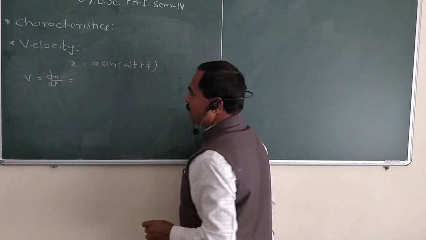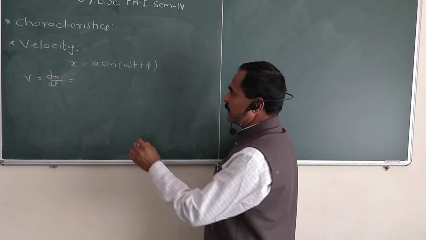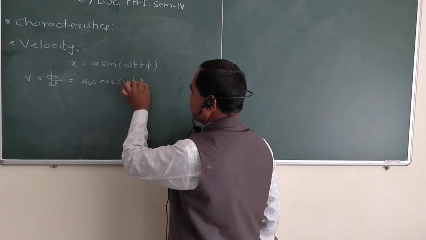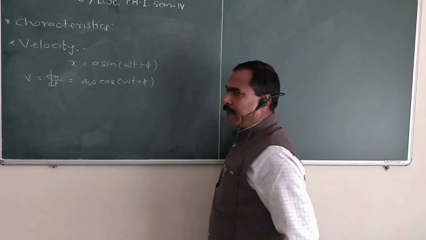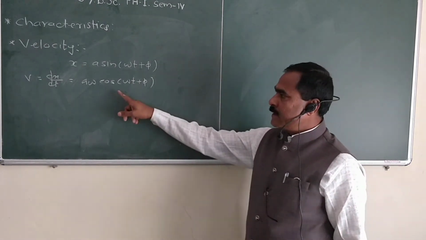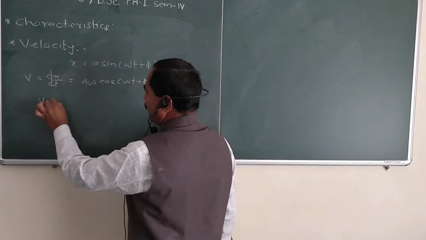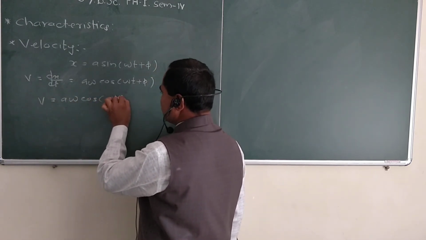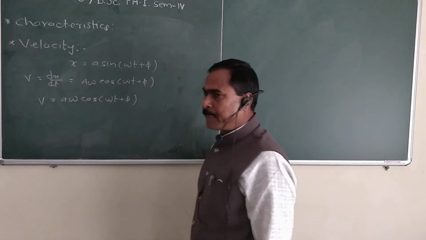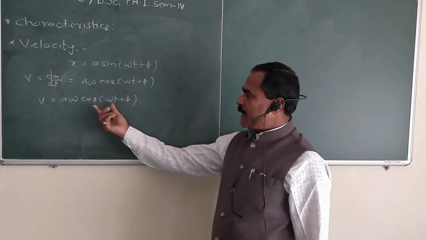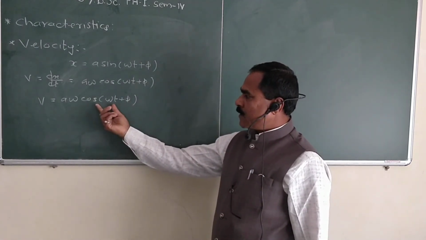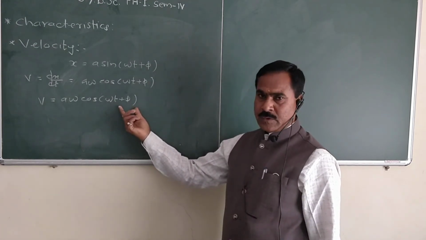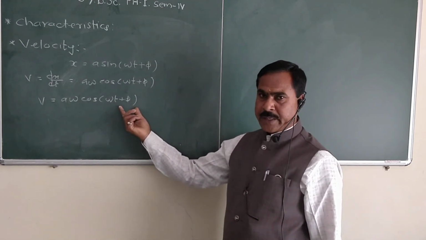When we differentiate this, we get a omega cos of omega t plus phi. Okay, so velocity v equal to a omega cos of omega t plus phi. Now we take cos square of omega t plus phi equal to 1 minus sin square of omega t plus phi.